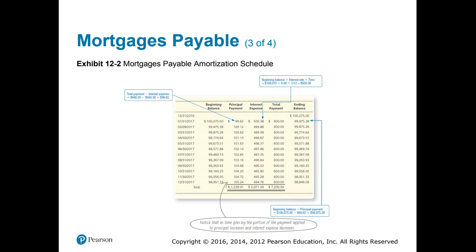And if you look at interest expense, the portion going to our interest expense tends to go down. So in the beginning of the loan, we tend to pay more for interest and less for principal. But as time goes on, the amount that we're applying to principal tends to go up, and the amount being applied to interest tends to go down.